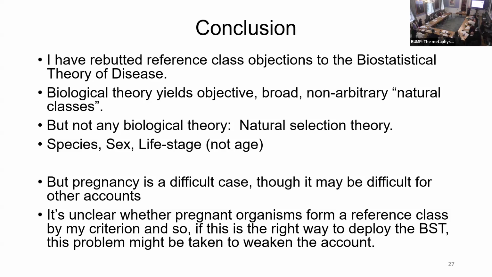Okay, thank you so much. I have doubts if natural selection theory can really be used as a reference class. It can be helpful, because there will be many cases of something like sickle cell trait. There is sickle cell anemia, and if you are heterozygous you have sickle cell trait.